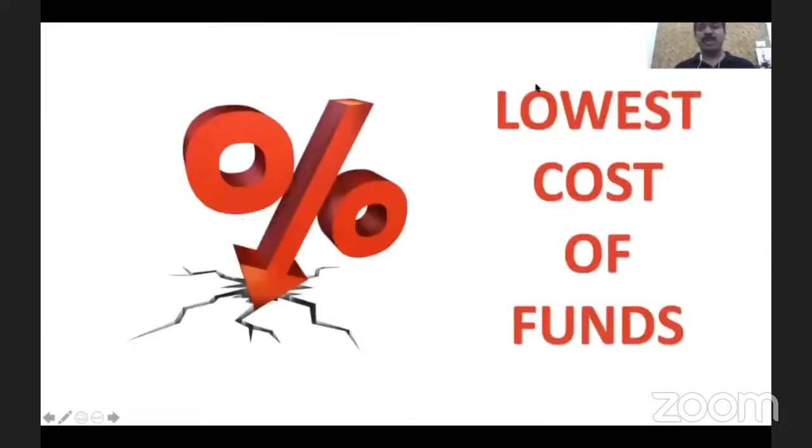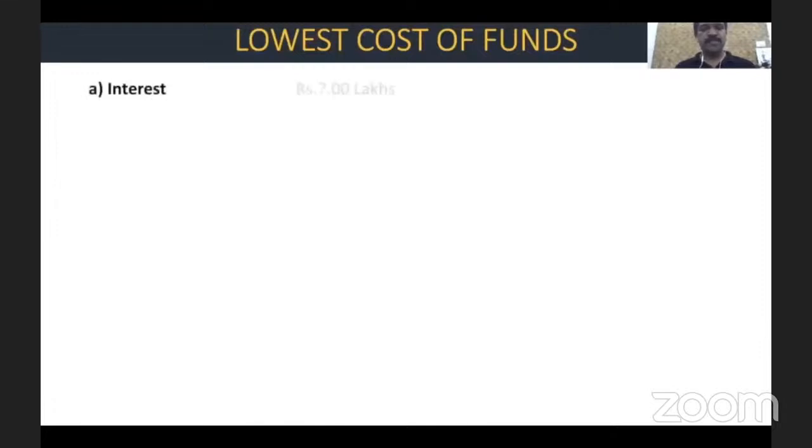Let me give you one more reason. Having borrowed funds actually results in the lowest cost of funds for the business. How? Let me continue with the same example. We have seen that the interest amount paid is 7 lakhs on one side, but what is the tax saved on the other side?